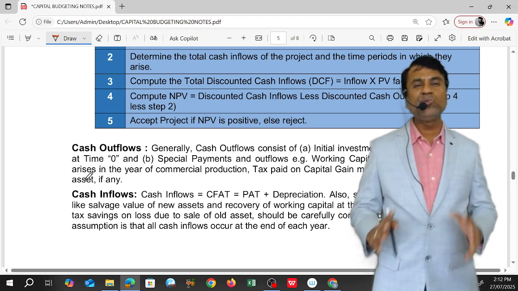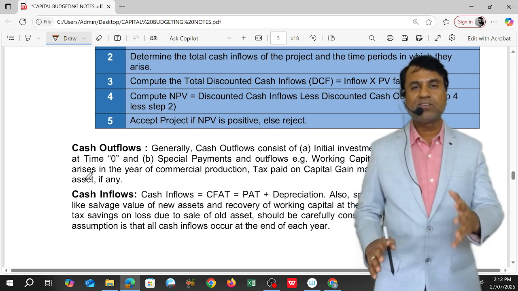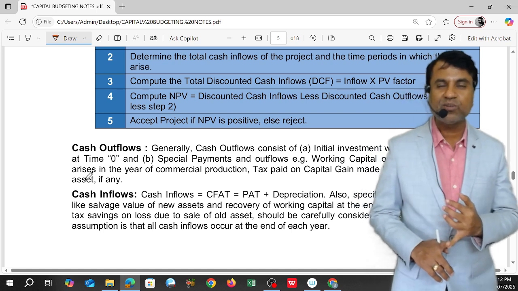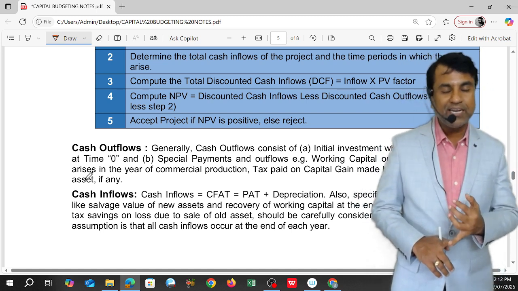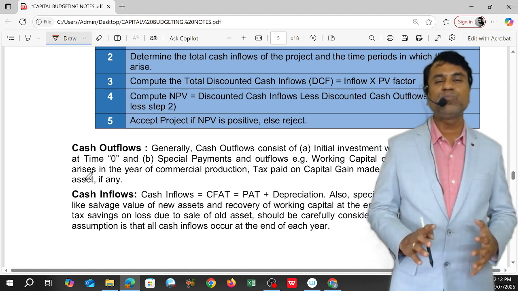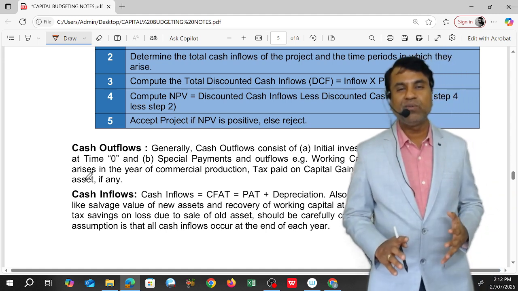So I'm differentiating two things, my dear. One is cost of the fixed asset. Cost of the fixed asset is nothing but purchase or acquisition cost of that particular fixed asset, say land and building, plant and machinery, furniture and fixture, plus any kind of incidental expenses for purchase of that particular fixed asset.